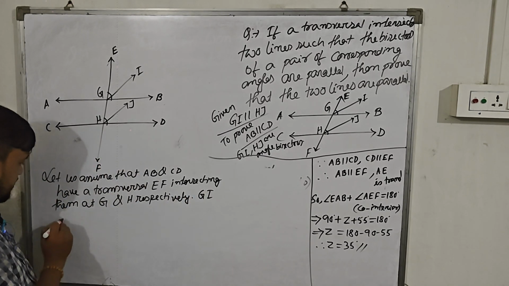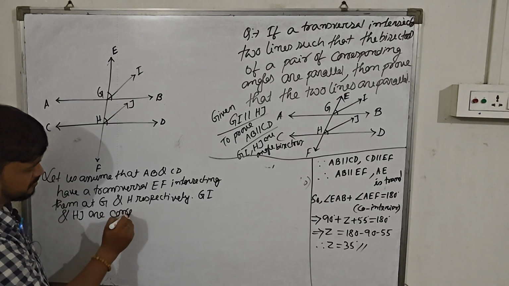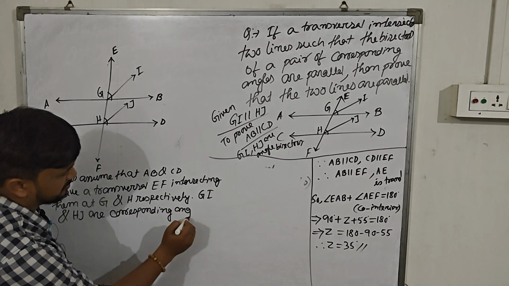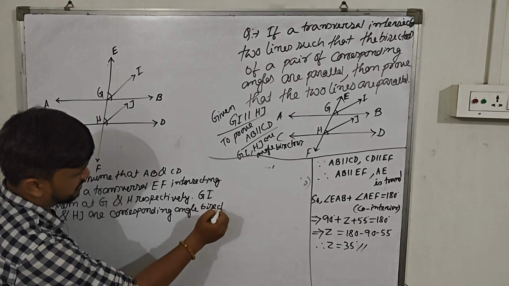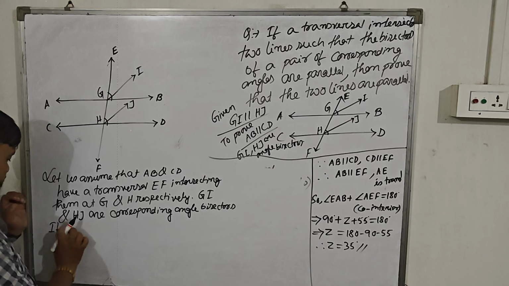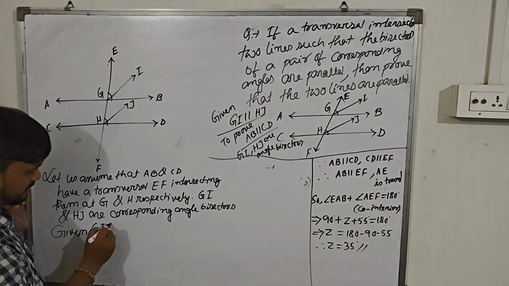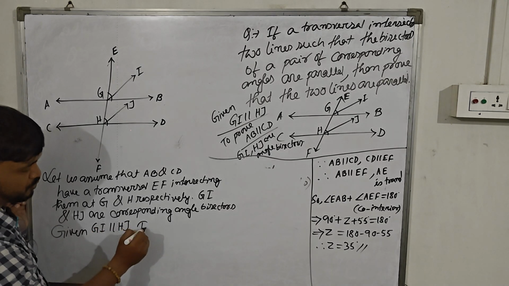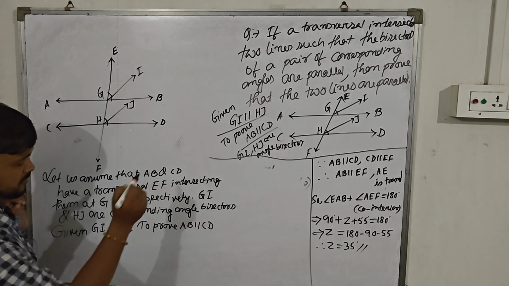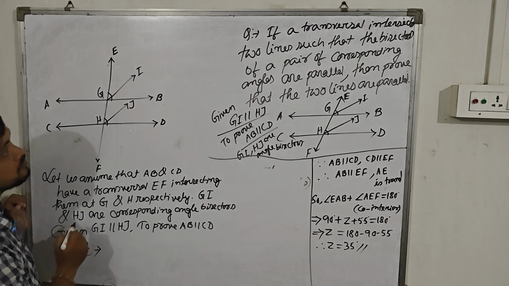GI and HJ are corresponding angle bisectors. Given GI parallel to HJ, to prove AB parallel to CD. I will write the proof below.